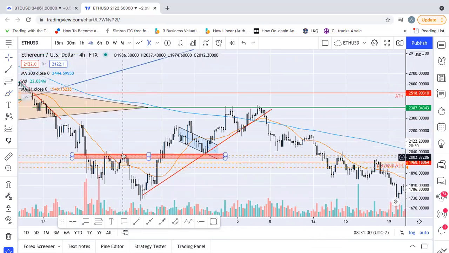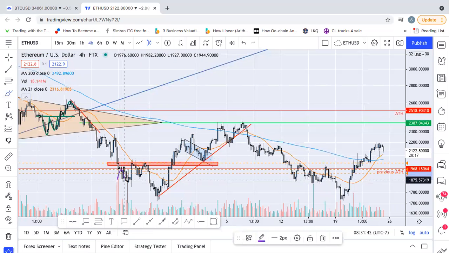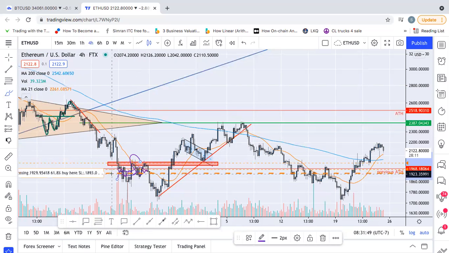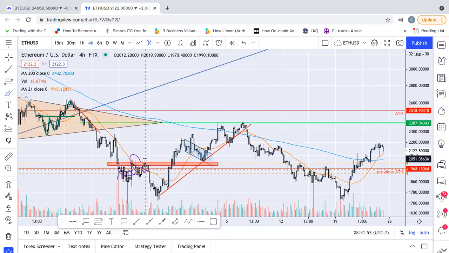So this is basically the same thing, right? It came down, we fell out of this pattern. Okay, great. Now, do you see this resistance here? Meaning it can't get above this, is what I'm saying. That's what I mean by resistance. I can't get above this, okay?